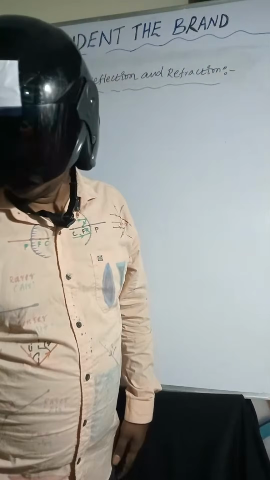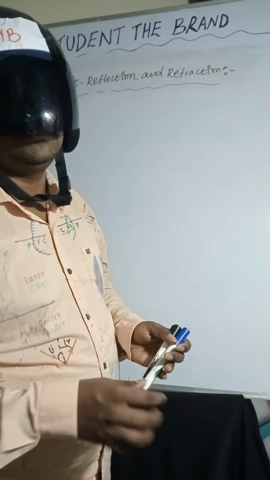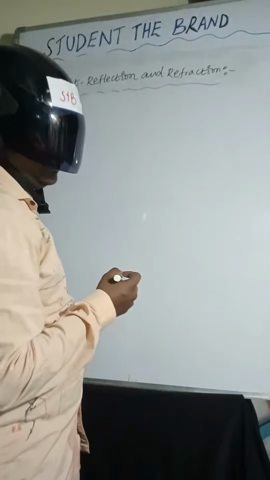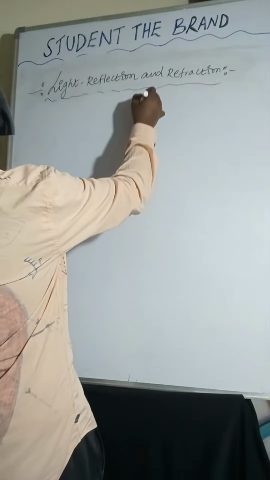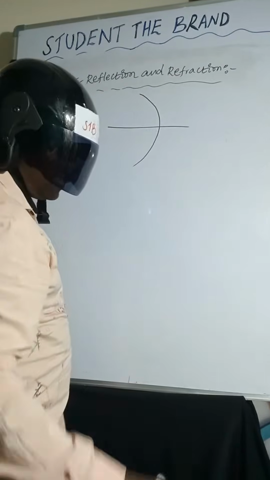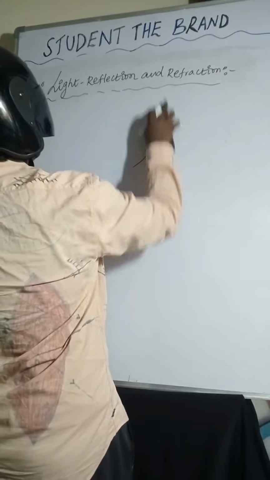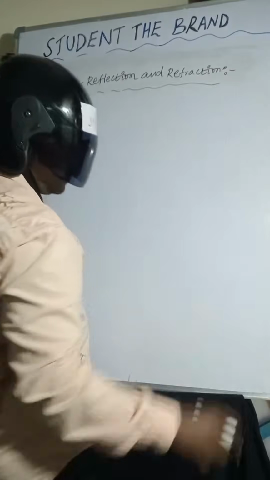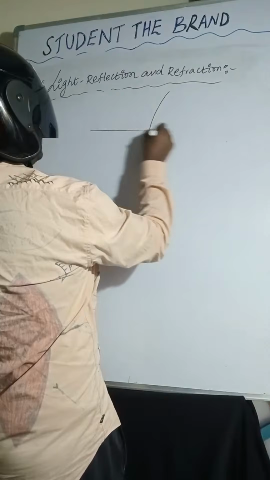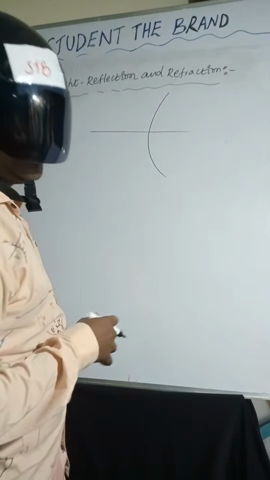Now we will discuss about convex mirror image formations. Only two cases are there. One is object is at infinity.